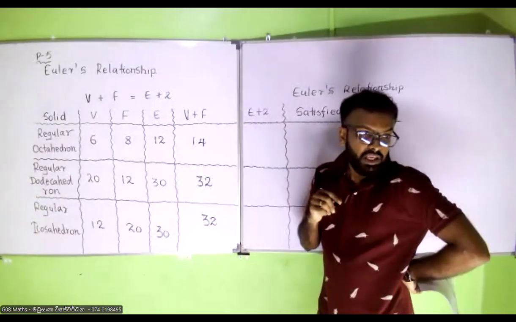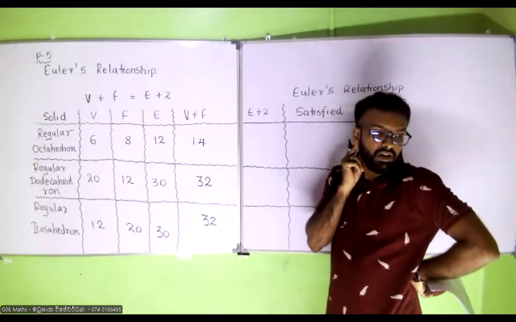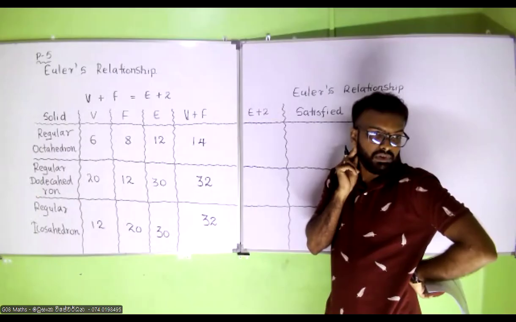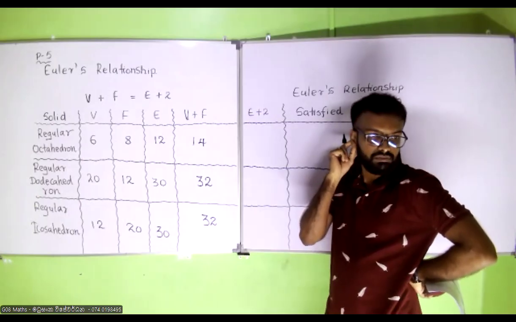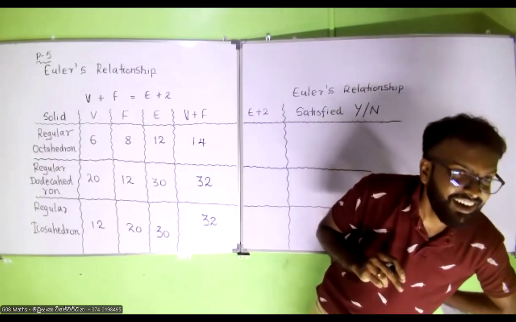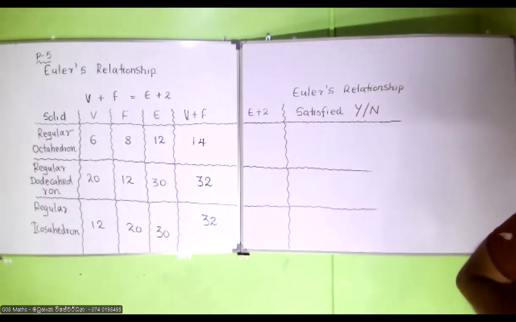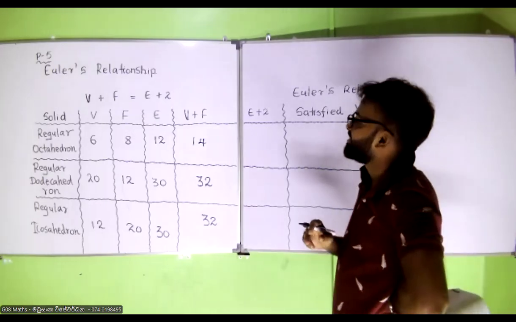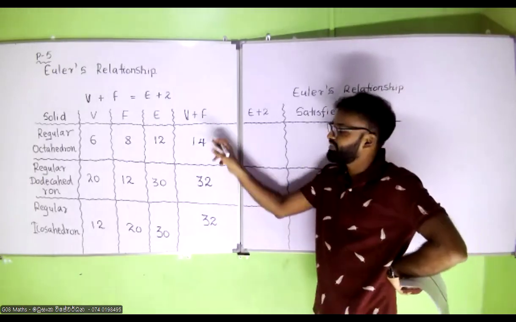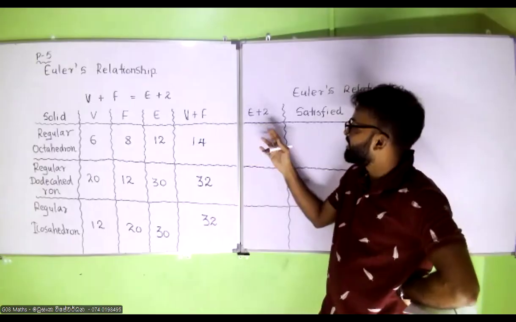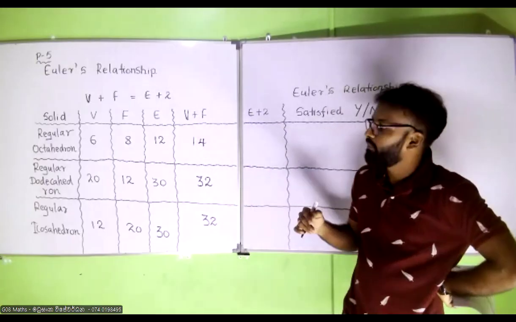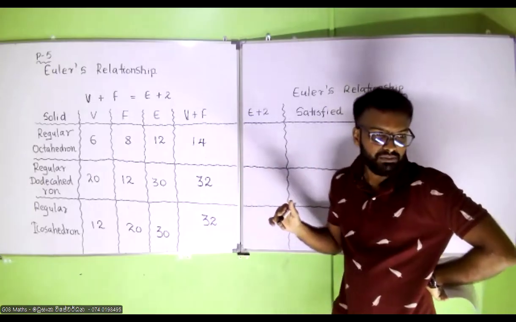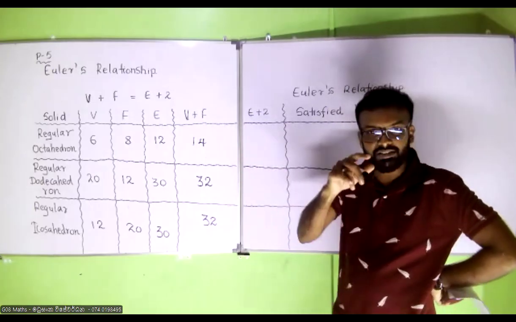Then E plus 2. Please tell me what is E plus 2 for regular octahedron. Yes, your answer is correct.